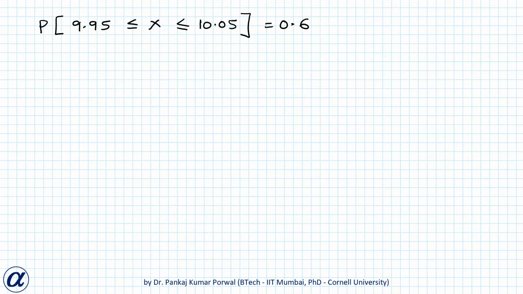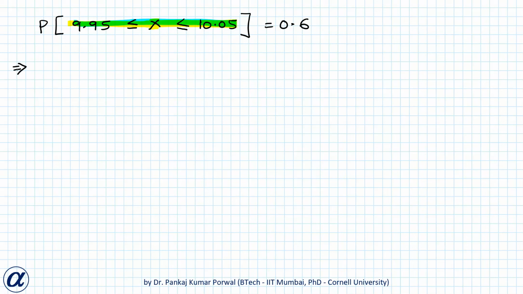Now to find the standard deviation and this probability, I will transform this normal random variable into a standard normal random variable, and that I do by subtracting the mean from all these and dividing all these by the standard deviation. And here note that the inequality remains unchanged if we subtract something from both sides of the inequality or divide both sides of the inequality by a positive number.